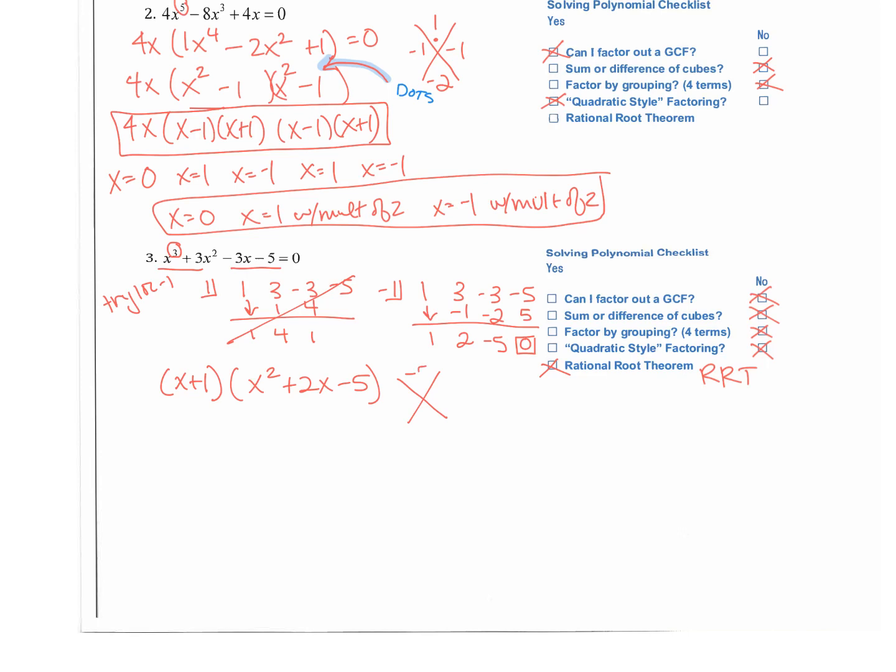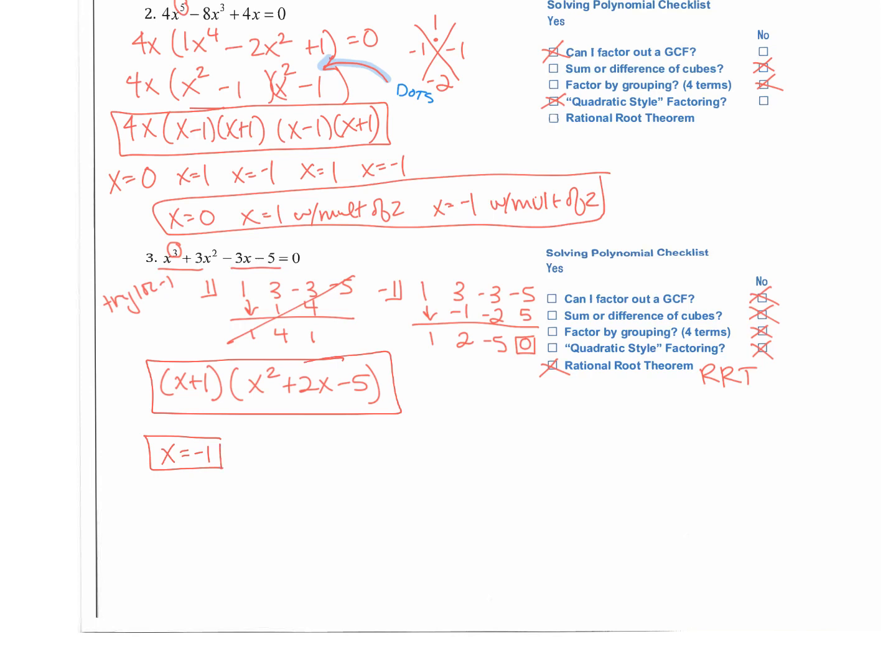And so I put my negative 5 at the top and my 2 at the bottom. And as I try and try, I realize it's not factorable. I'm going to go ahead and erase those just to create some room on my paper. So it's not factorable. So this would be my most factored form right here. And now I'm going to solve this. And I get x equals negative 1. Can't forget that one.